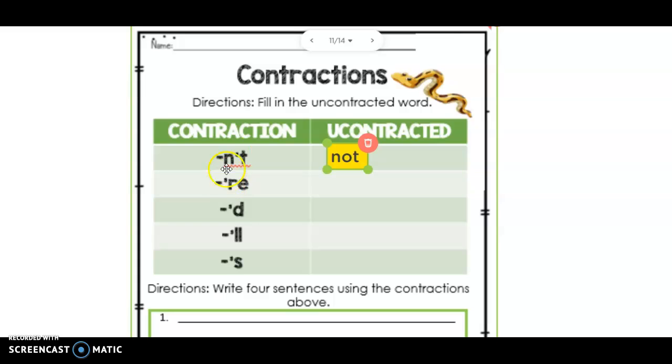The contraction 're at the end of a word means are. So some examples might be you're, that means you are, or they're, that means they are. Go ahead and type that out.